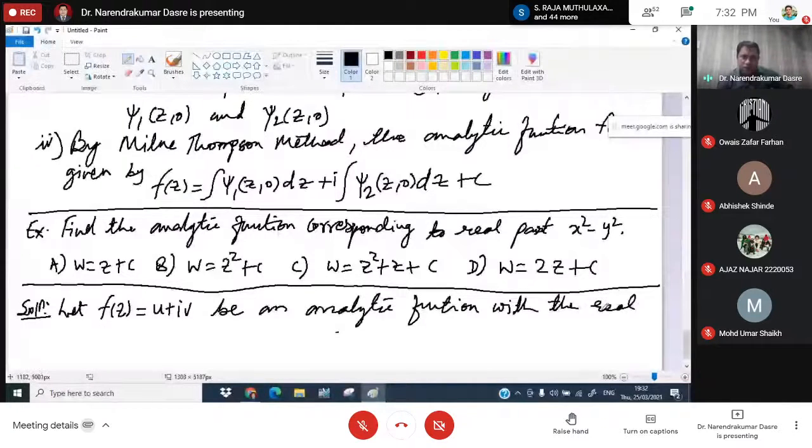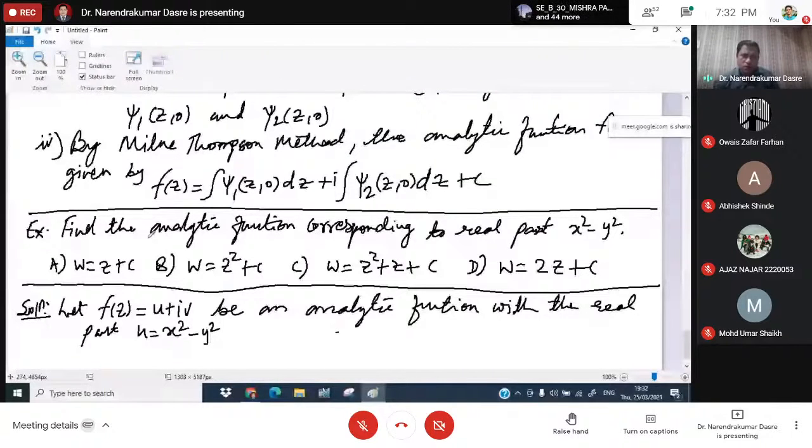What is the real part? These are the common notations. So it is going to be x square minus y square. So it is going to be the real part, and now we have to follow the next steps.